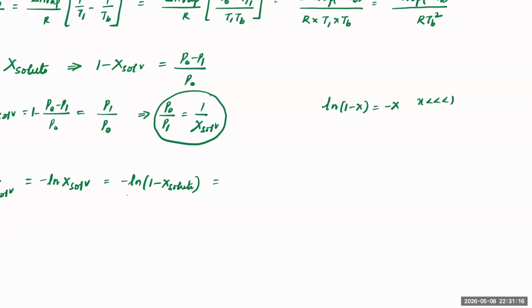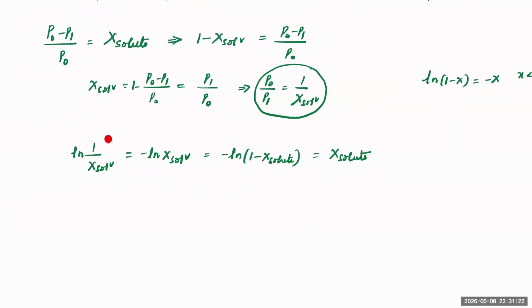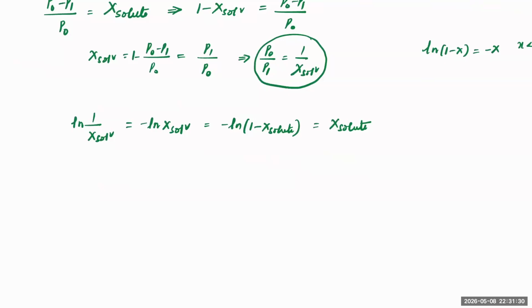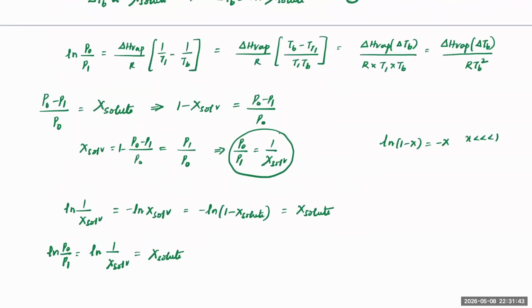So minus of minus will become plus, and this can be written as x of solute. So can I say ln of 1 by x of solvent is almost the same as x of solute? Therefore, ln of P naught by P1, which is equal to ln of 1 by x of solvent, can be written as x of solute. This we can substitute back into this equation.